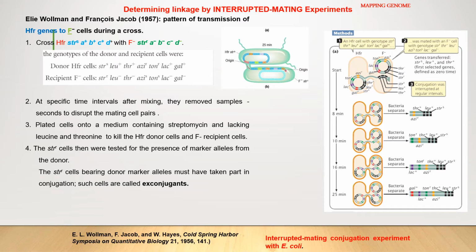Jacob and Wollman in 1957 were the first to develop the technique of interrupted mating to map genes in bacteria. They used the Hfr Hayes strain as a donor. These strains were sensitive to the antibiotic streptomycin, resistant to sodium azide and to infection by bacteriophage T1, prototrophic for threonine and leucine, and able to break down lactose and galactose.